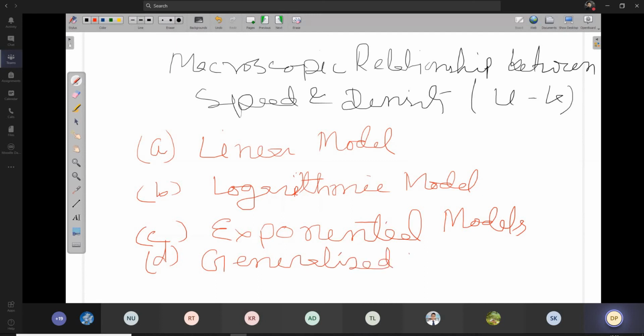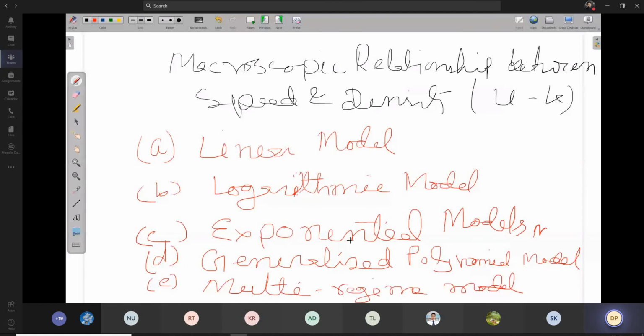The fifth observation is the multi-region model. So these are some major categories of the macroscopic relationship between speed and density.